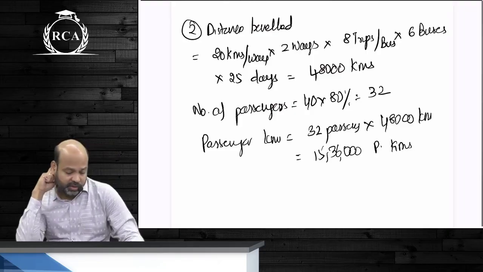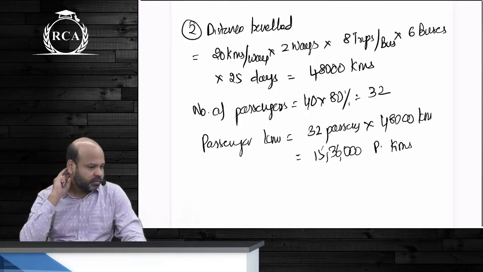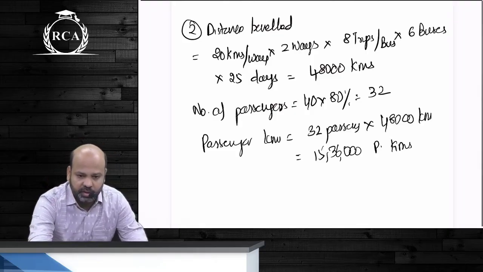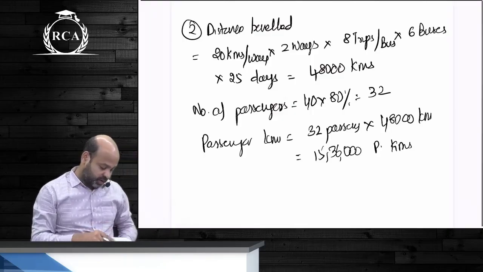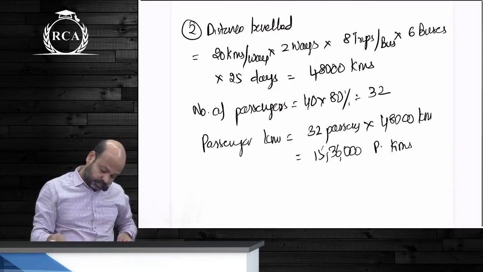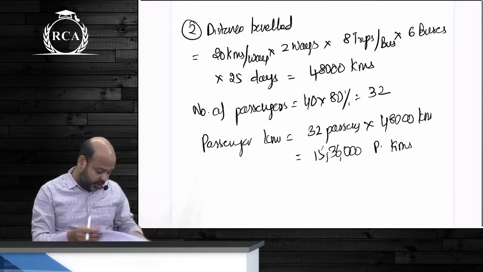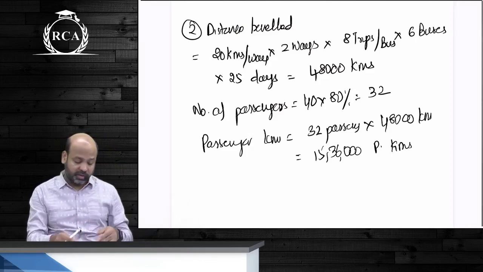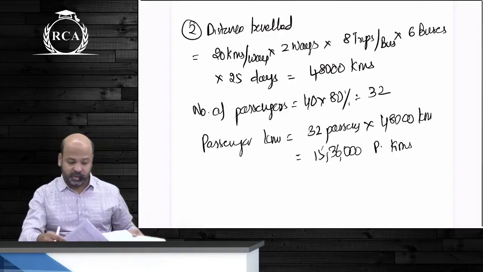Now write down the side heading, beta: Transportation industry. For a transportation industry, guys, you will have to present a detailed cost sheet by segregating all the expenses into fixed expenses, variable expenses, and semi-variable expenses.